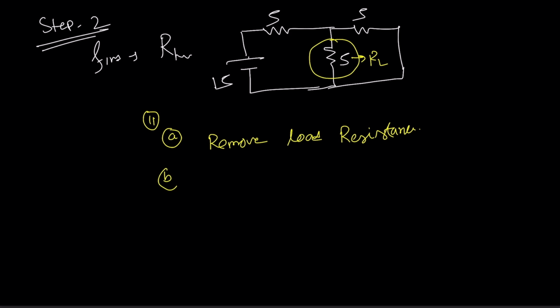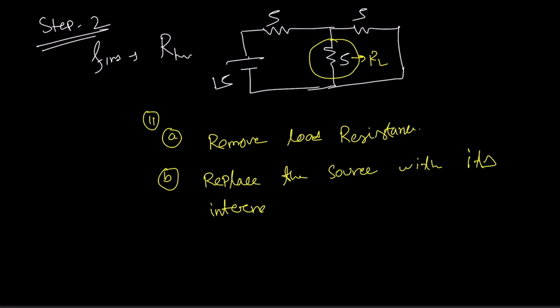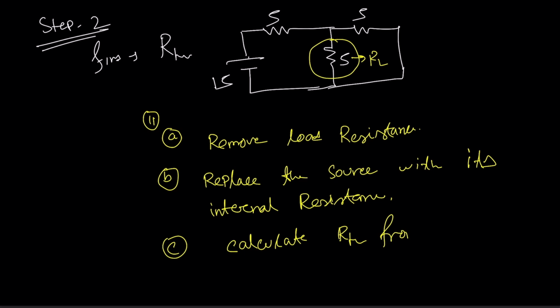Okay. Step 2, replace the source with its internal resistance. Okay. Step 3, calculate RTH from the load terminal. Open load terminal.